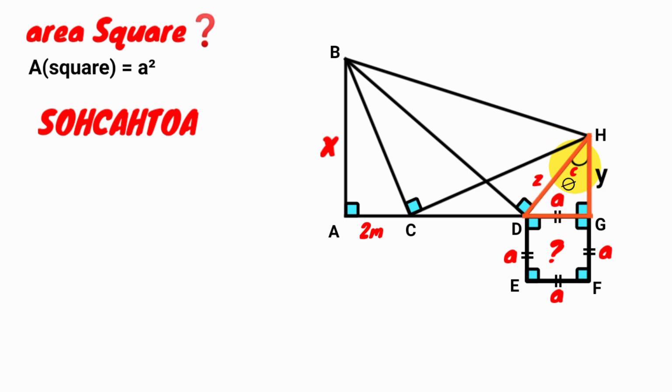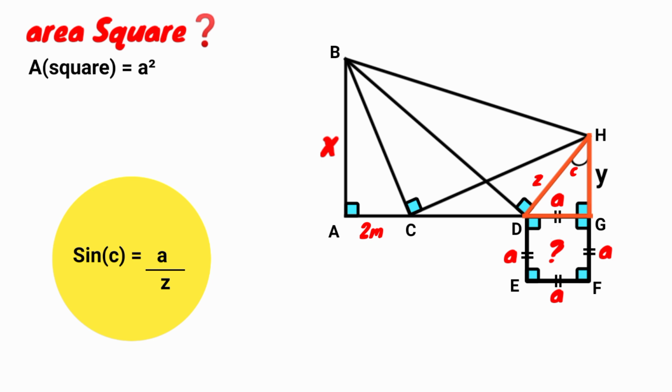Taking this angle as theta, this is the opposite, this is the adjacent, and this is the hypotenuse. From here, SOH represents sin theta equal to opposite over hypotenuse. Theta is C, opposite is A, and hypotenuse is Z. So sin C equal to A over Z. We keep this equation aside.